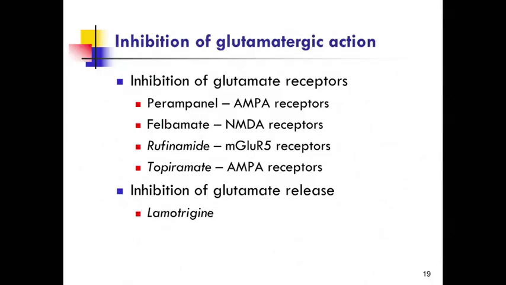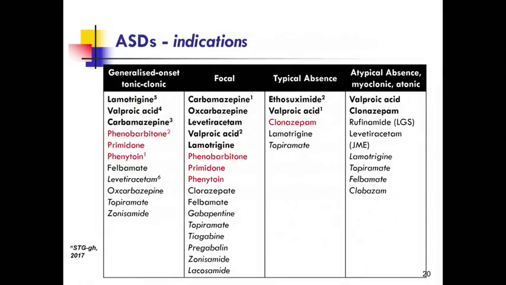Topiramate, AMPA. And then lamotrigine prevents the release of glutamate at the nerve terminal. Okay? That's a way of preventing transmitter glutamate. So all these reduce excitation. Okay? Good. So these are the indications.